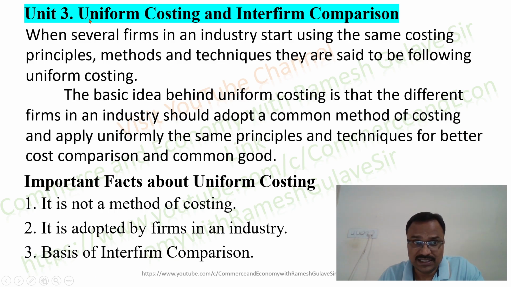Here we are going to understand two concepts, uniform costing and interfirm comparison. Interfirm comparison is basically a comparison of two or more firms in the same industry, and we can compare the performance of two firms when they are following uniform costing.